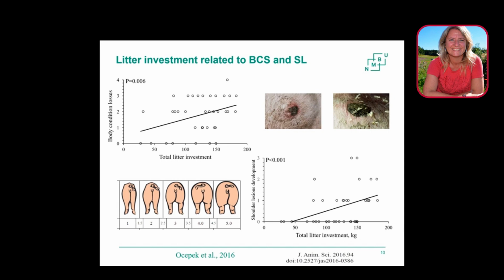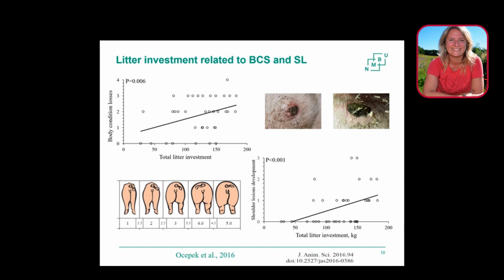Another problem is that if they invest a lot in a litter, here litter investment is in kilograms of pigs, and it includes dead piglets, stillborns and the live-born piglets, then the more they invest in piglets, the more shoulder lesions they develop.